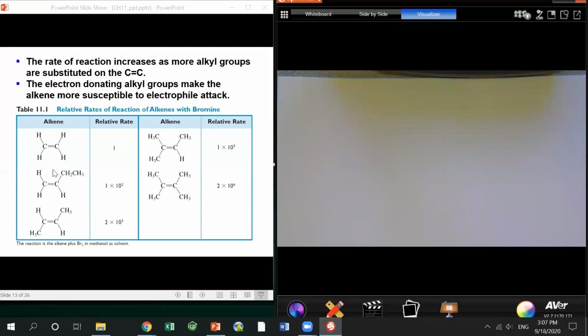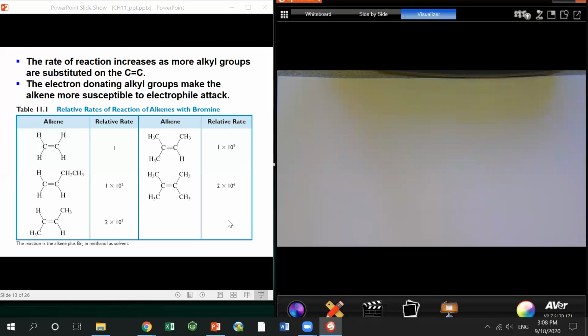Monosubstituted, with only one alkyl group, is about 100 times faster. Disubstituted is about 2000 times faster, followed by trisubstituted and then tetrasubstituted, which is about 2 times 10 to the 6, extremely faster.